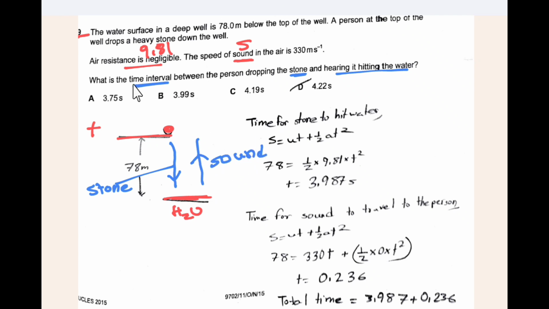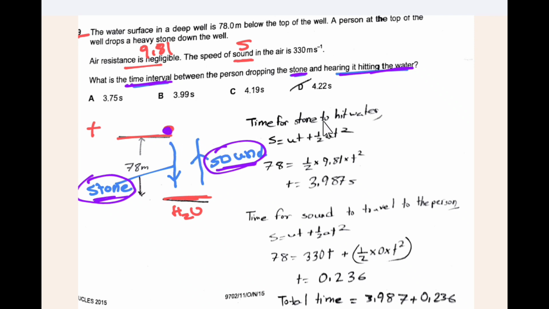So from this statement, there is a time interval from the stone being dropped to hearing it hitting the water, so he can only hear it by the sound travel, so this is the sound traveling to his ear. So we need to calculate the time for the stone dropping and for the sound traveling to him.